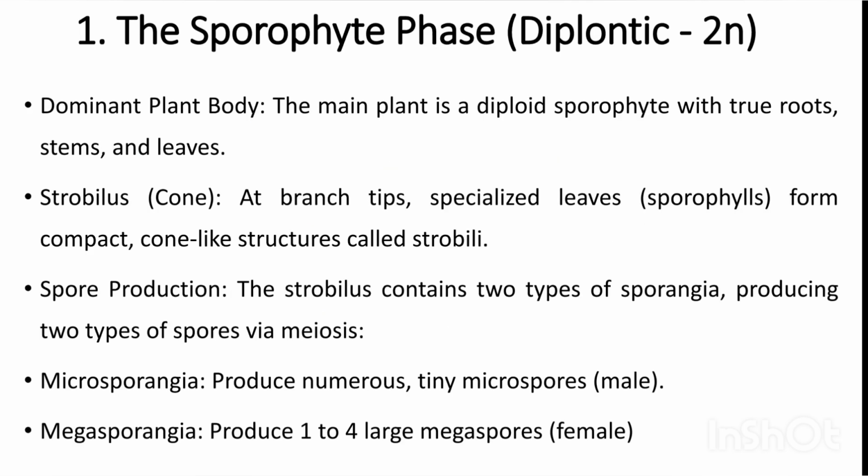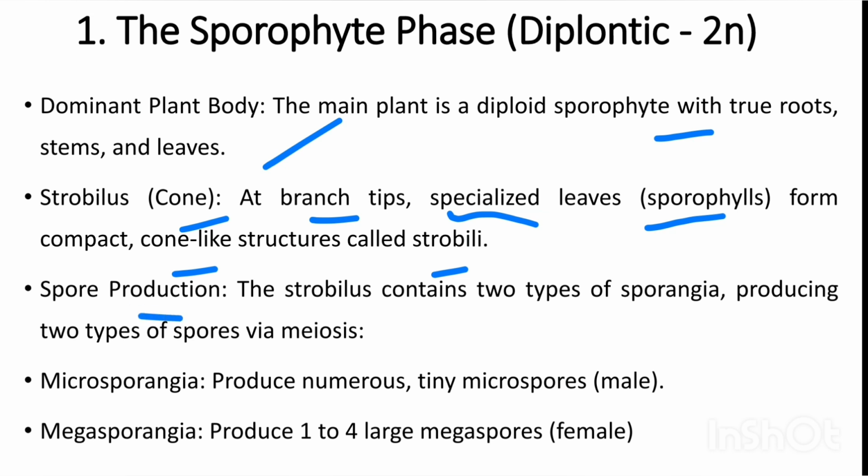Okay, next. At first we will discuss the sporophytic phase of Selaginella. The dominant plant body is sporophyte with true root, stem and leaves. Strobili are present at the tip of branches with specialized leaves called sporophylls, and these are compact cone-like structures called strobilus, and many of them are called strobili.